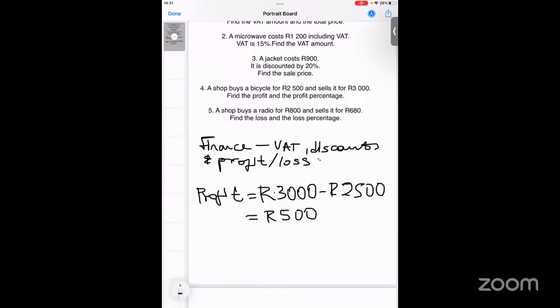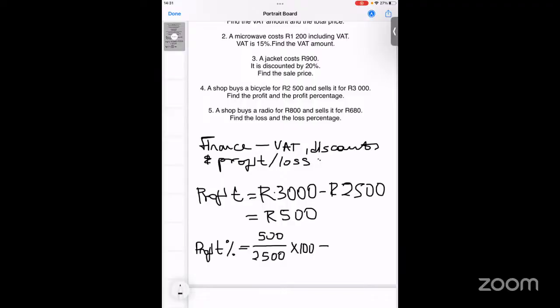So what about this one? This is how you would calculate that percentage. The profit percentage will be equal to that profit amount divided by 2,500, and then you multiply it by 100.